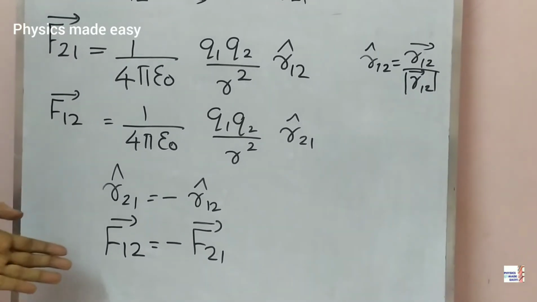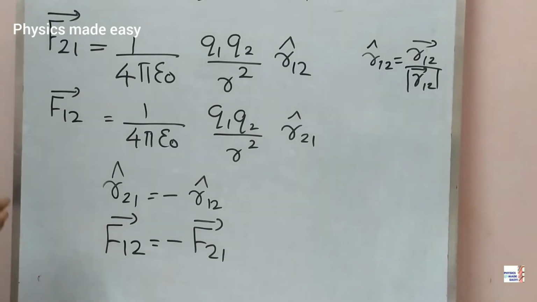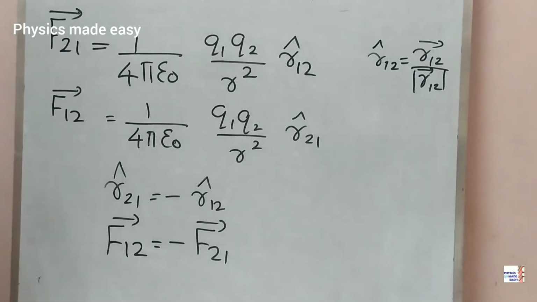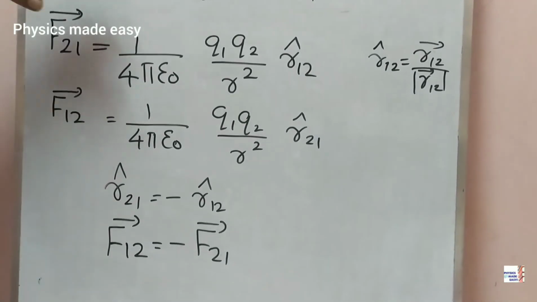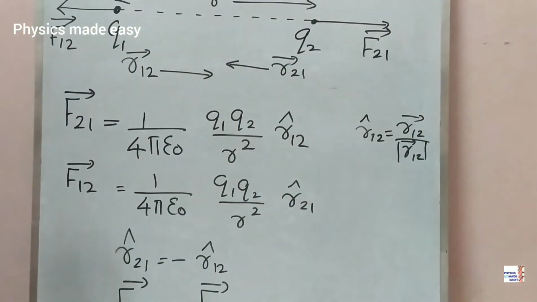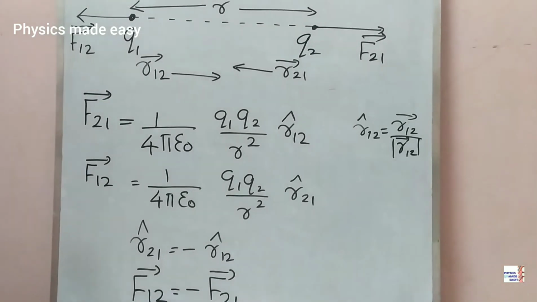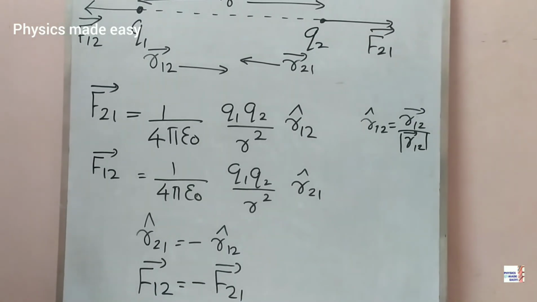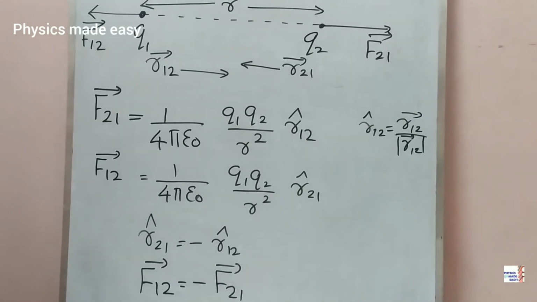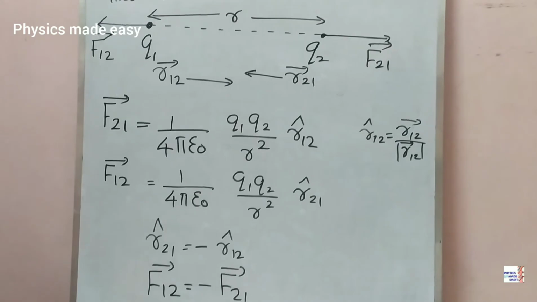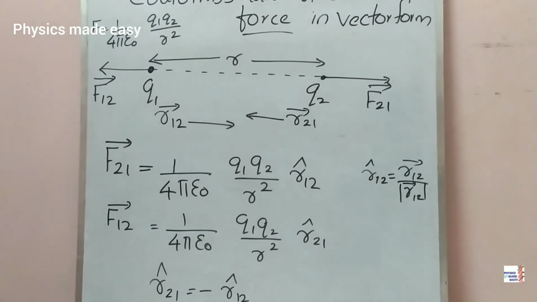Here we can say Coulombian forces obey Newton's third law. As these Coulombian forces act along R12 or R21, along a particular direction, that is the line joining the centers of the two charges, we can call this force a central force. This electrostatic force is an example of central force.